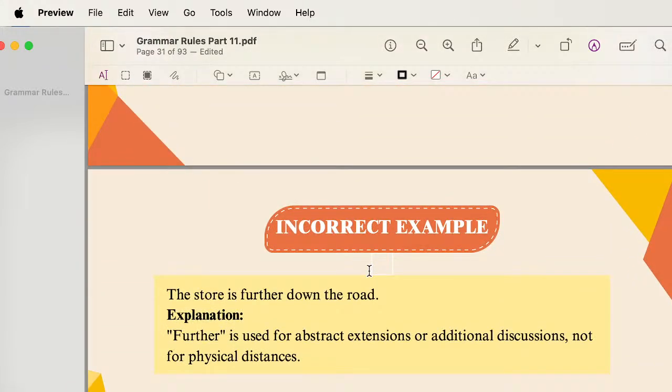But saying that the store is further down the road is wrong English. Here you are supposed to use farther. Why? Because you're talking about physical distance. And in case of physical distance, we use farther, not further. This is something that you must remember.